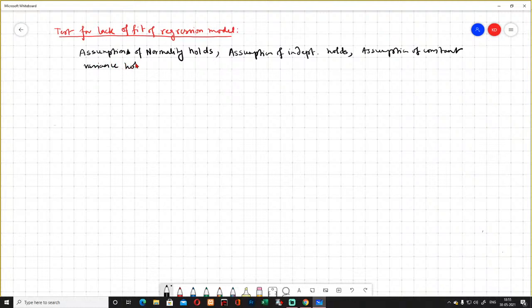Then you fit, and our doubt is: we fit a linear regression, and the doubt is whether this relationship is appropriate or not.